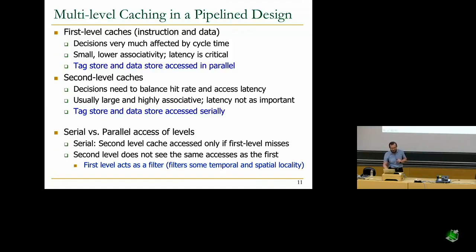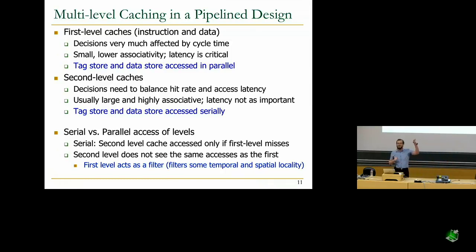So most of the time today, cache levels are accessed serially. You access the first level first, and if you miss, you access the second level, and if you miss, you access the third level. As a result, the first level cache, or different levels, act as filters to the later levels. They filter out some temporal and spatial locality. And this is exactly the reason you need to manage them differently as well, another reason.